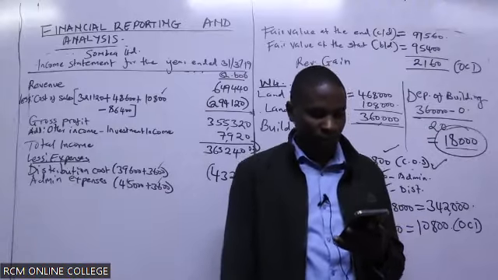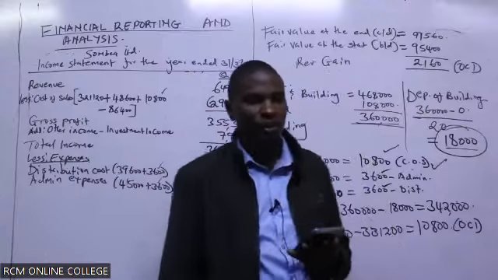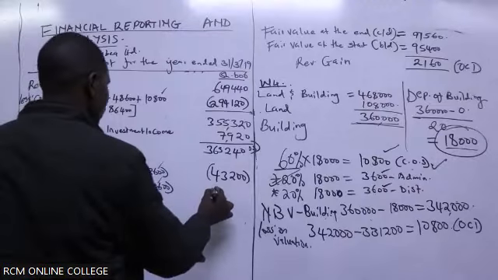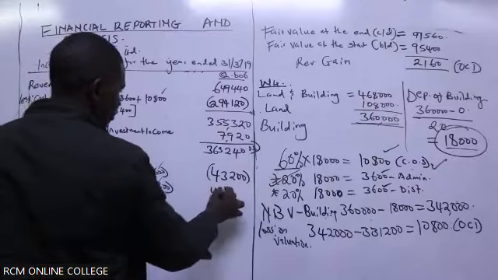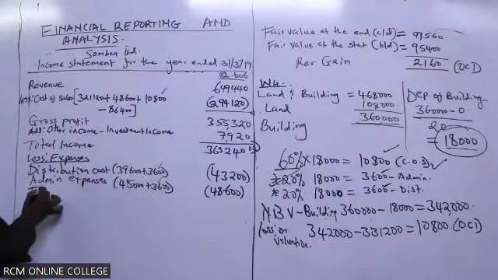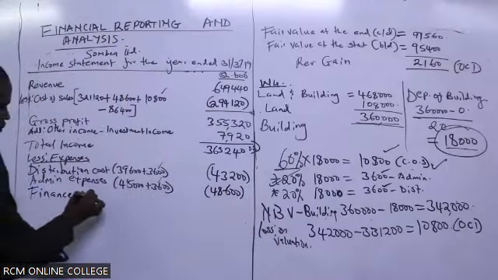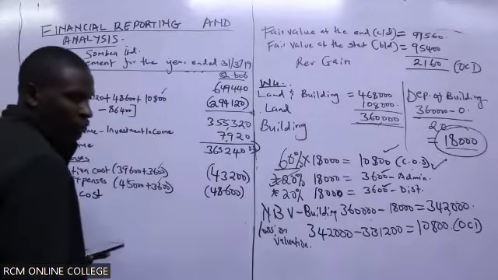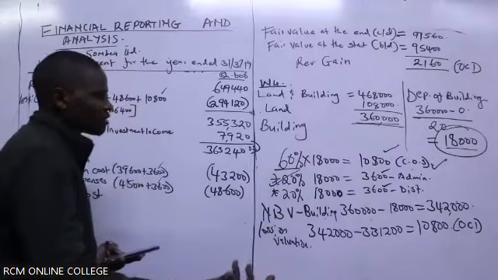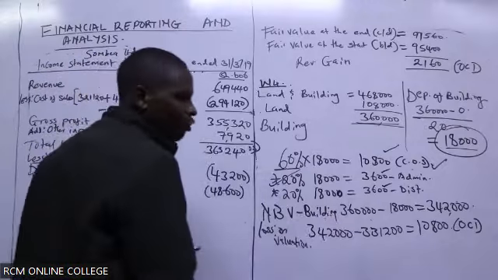Where were we? Okay, here we are. So people have given me 48,600 admin. Then finance cost tulitafuta, whatever that we had, finance cost, na tutakuwa tumesonga vizuri. Finance cost tulipata 86 what? It was 86 something. It was the first item we computed. Ngapi?